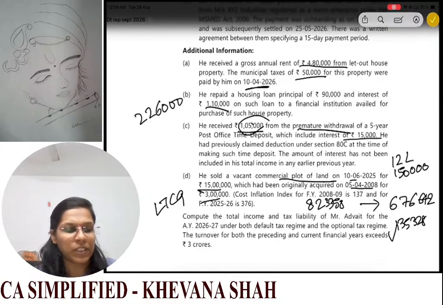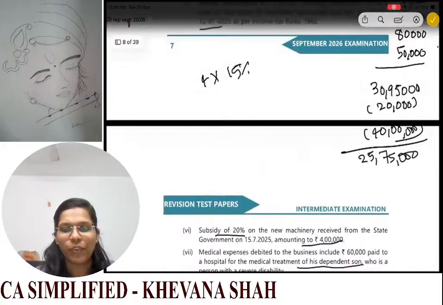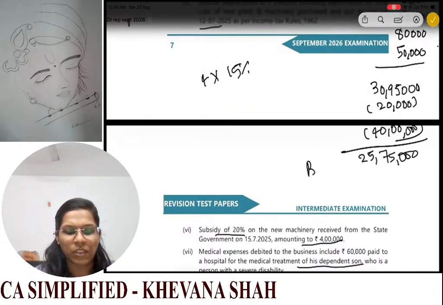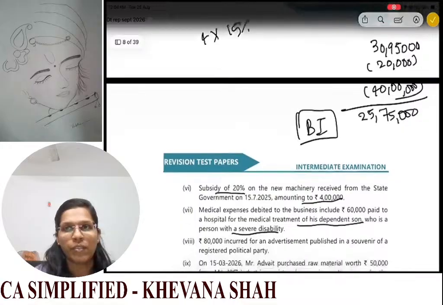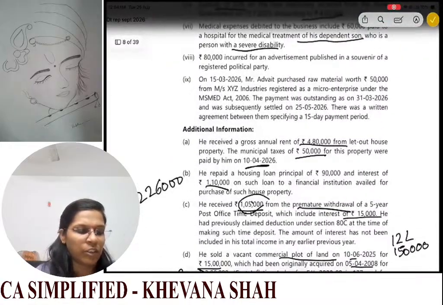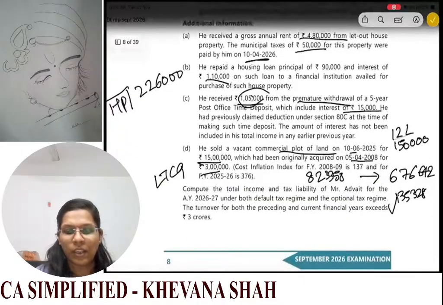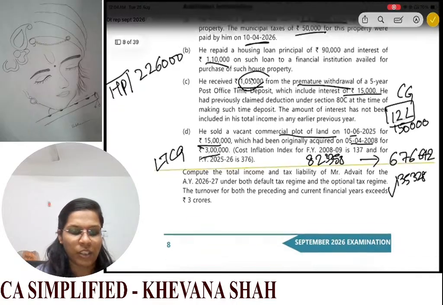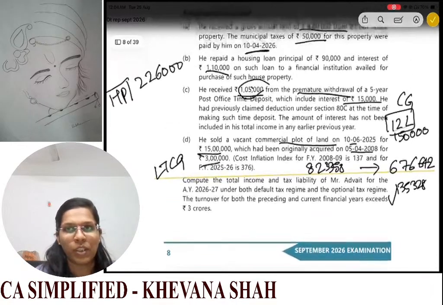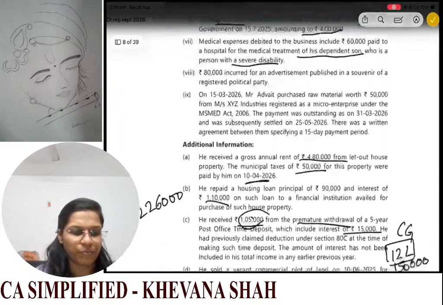Okay, then the business income we computed is 25,75,000. Then your house property income 2,26,000. Then these 12 lakh as your capital gains, and your income from other sources we have 1,25,000.